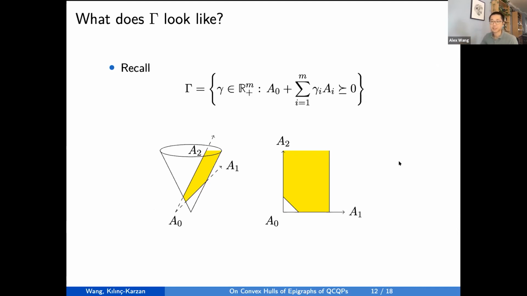An important case where Gamma is polyhedral is the case where the A_i's are all diagonal, right? Because in that case, the positive semi-definiteness constraint on the right-hand side is defined by dimension-many linear inequalities, one for each diagonal entry. But I also want to say that in general, this isn't going to happen, okay?